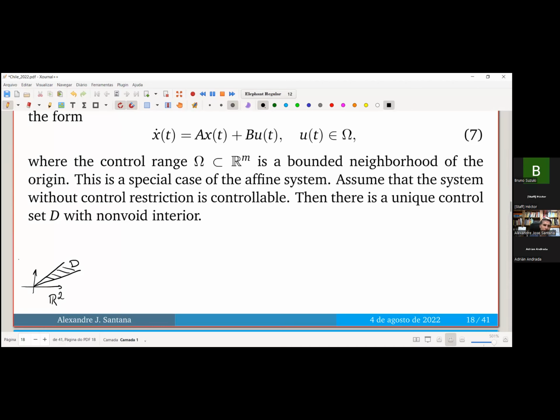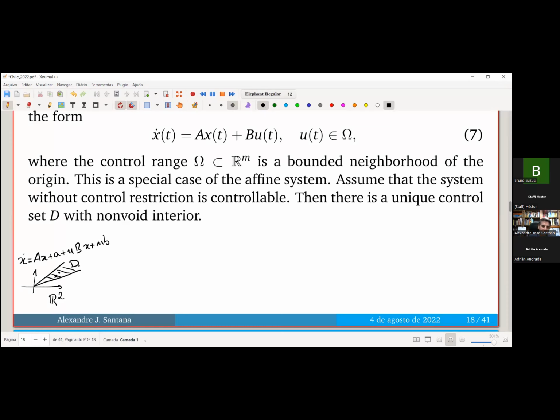This is the control set of the affine system Ax plus a plus u(Bx plus b). So the property that we have inside D is that we can go from every point x to every other point y in D. So this is the idea of the control set.